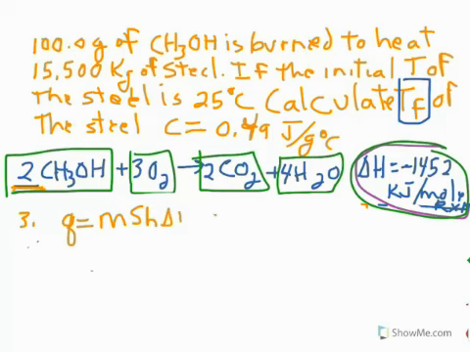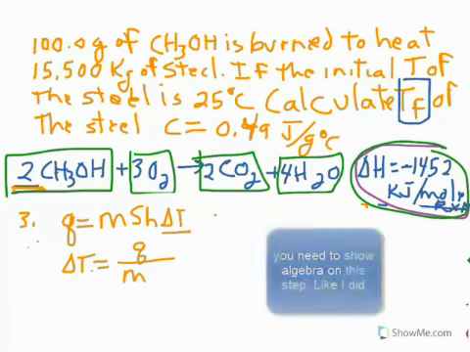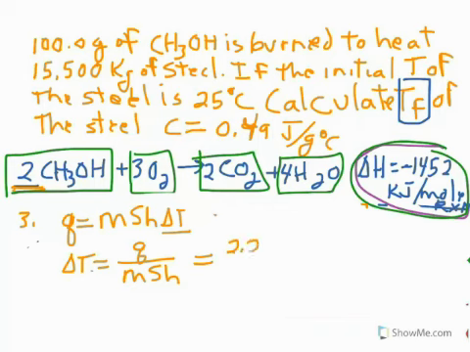So Q equals M specific heat delta T. I'm after delta T, so I rearranged the equation. Delta T is equal to Q divided by M times the specific heat. What was our Q again? It was pretty big. 2.266 times 10 to the 6 joules divided by the mass. Now it's the mass of the thing that was heated, not the mass that we burnt.